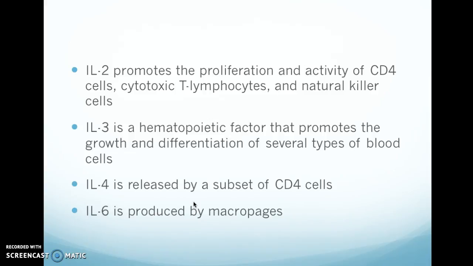The first one is IL-2, and that promotes the proliferation and activity of CD4 cells, cytotoxic T lymphocytes, and natural killer cells. IL-2 is associated with cell-mediated immune response, and it's used for cancer therapy and continues to be studied as an immunomodulatory treatment for sarcoma and HIV disease.